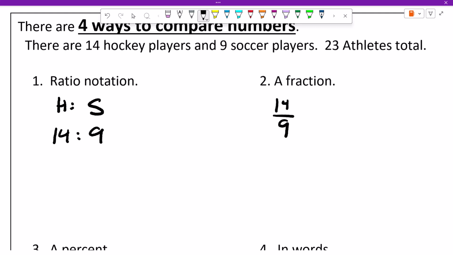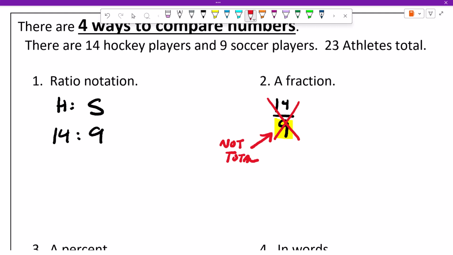We can't write a fraction like this, right? The problem here is the bottom number. When we do fractions, the bottom number is supposed to be a total, right? The 9 is not a total. So we can't write this fraction like this.